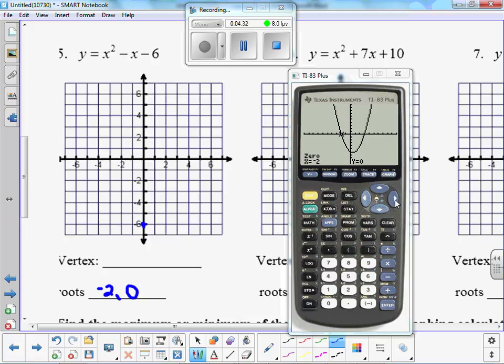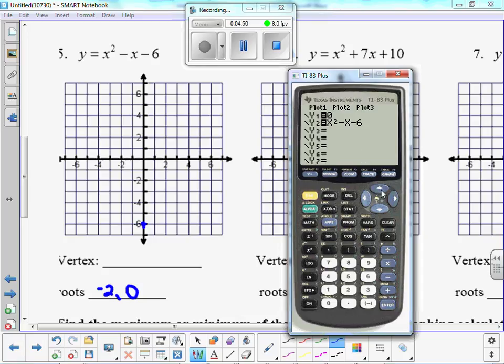Okay, so we're going to go over to the other side of the equation. We have to stay on the graph. Let me start over. So we're going to go to second trace. We're going to go to our 0 point, enter.